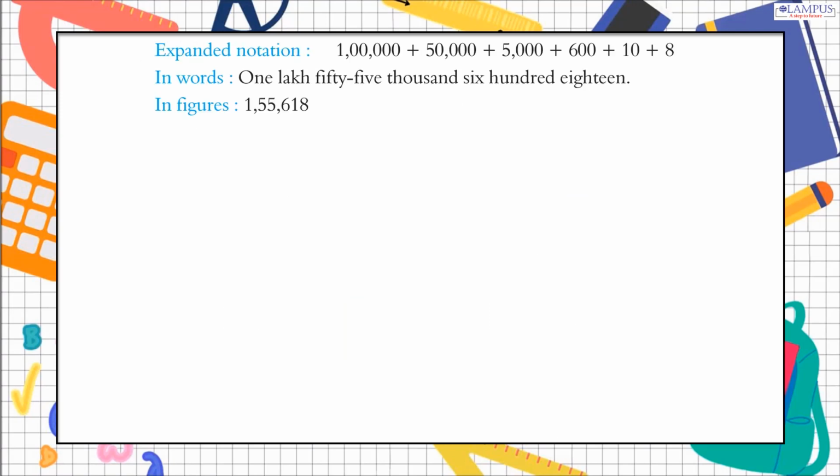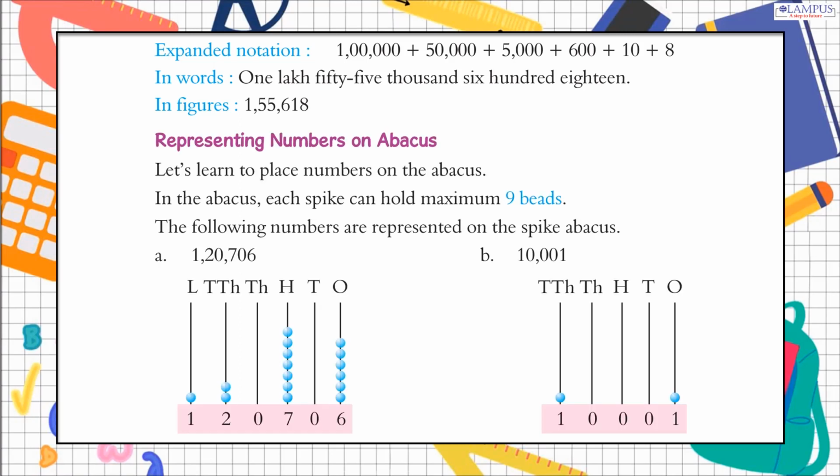Expanded notation. 100,000 plus 50,000 plus 5,000 plus 600 plus 10 plus 8. In words, 1,55,618. In figures, 1 period, 5, 5, period, 6, 1, 8.